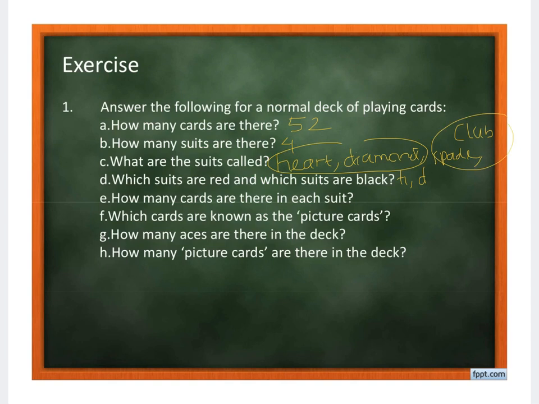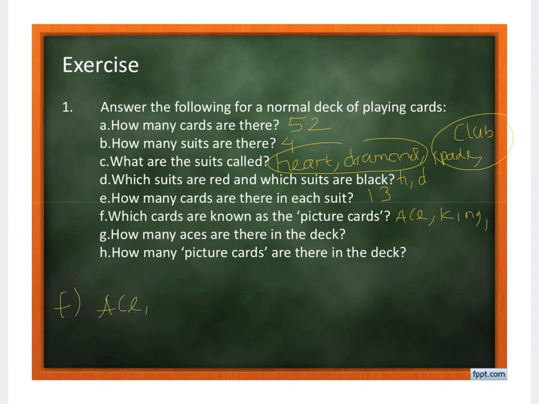How many cards are there in every suit? There are 13 cards in every suit. Which cards are known as the picture cards?